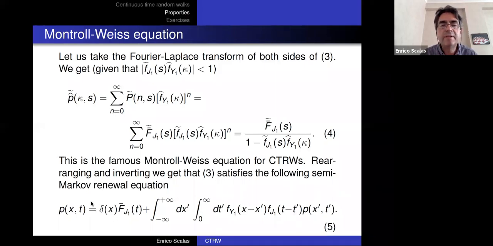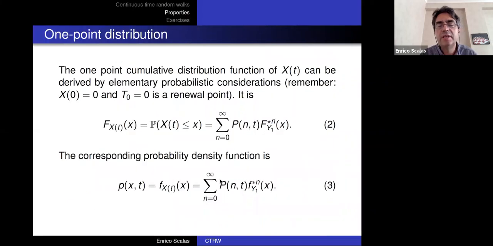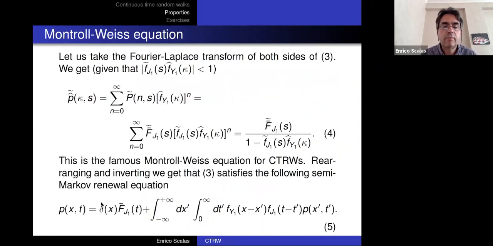It is embedded in this equation, but you could see it also here, because the zero-fold convolution is by construction a delta function, and here the probability of having 0 events in time t is just the survivor function. So the first term of this sum is exactly this one.